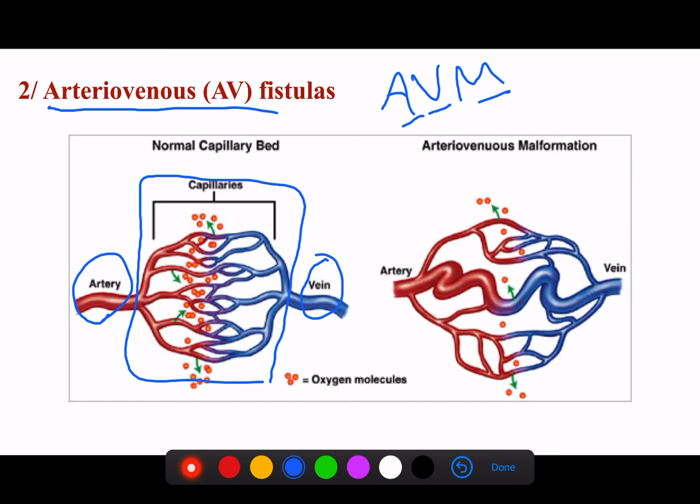This is the normal anatomical structure, and it causes no difficulties, no signs, no disease, because the blood pressure within the artery and within the vein at the capillary level is equal. So there is no danger of hemorrhage.